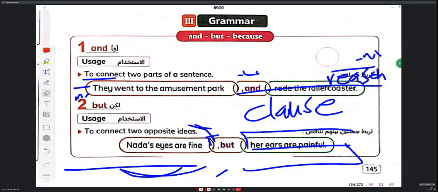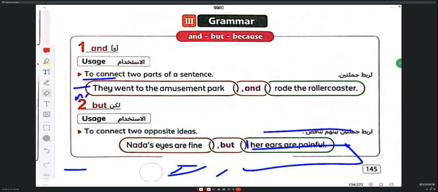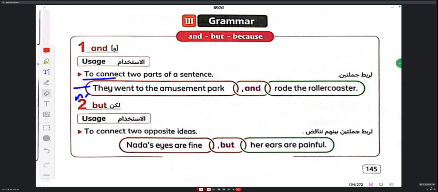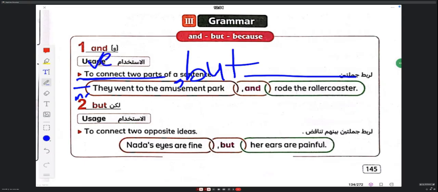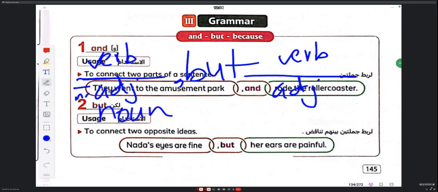But is preceded by a comma. But is for contrast: verb, adjective, adjective, noun, sentence.